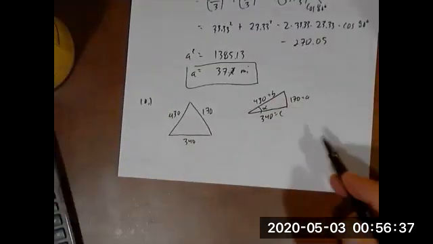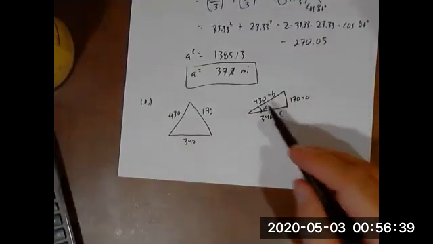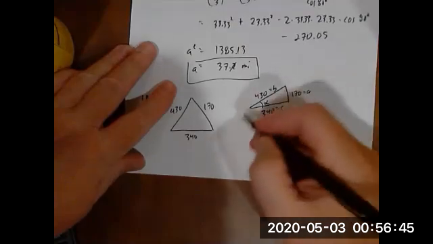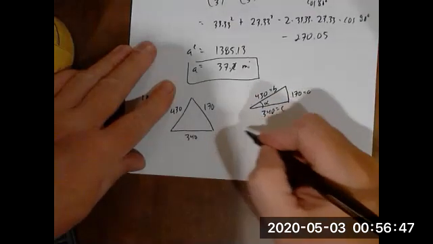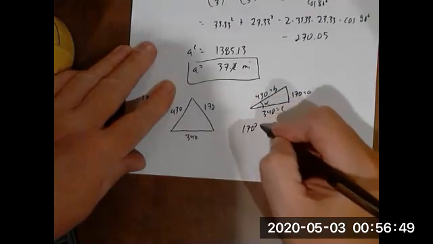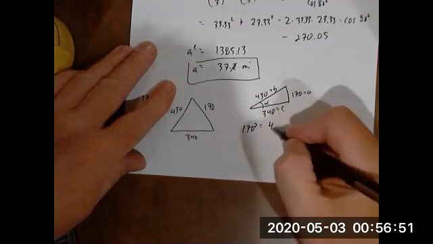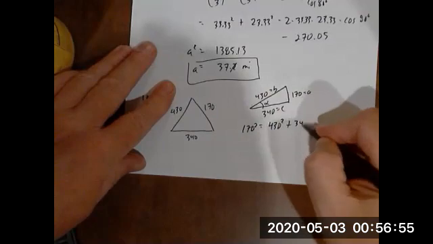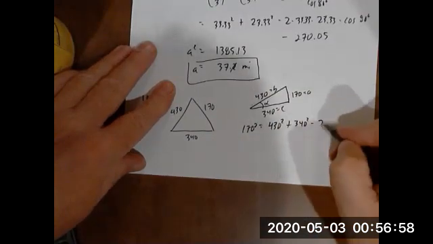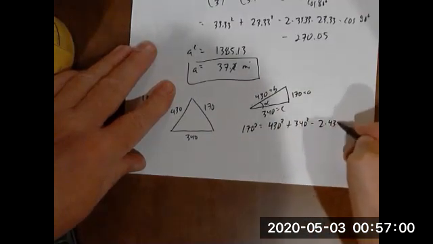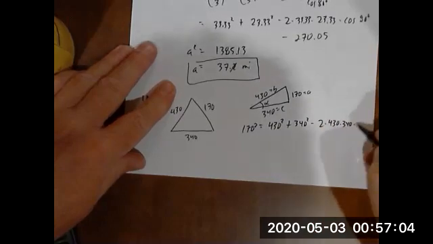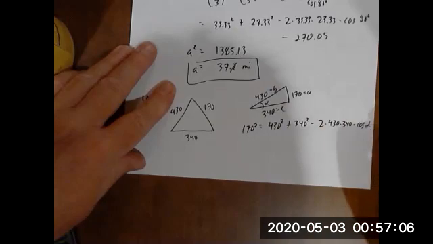So this is going to be a law of cosines problem where I'm trying to find alpha. I have A squared, which is 170 squared, equals B squared plus C squared minus 2 times B times C times cosine of alpha.